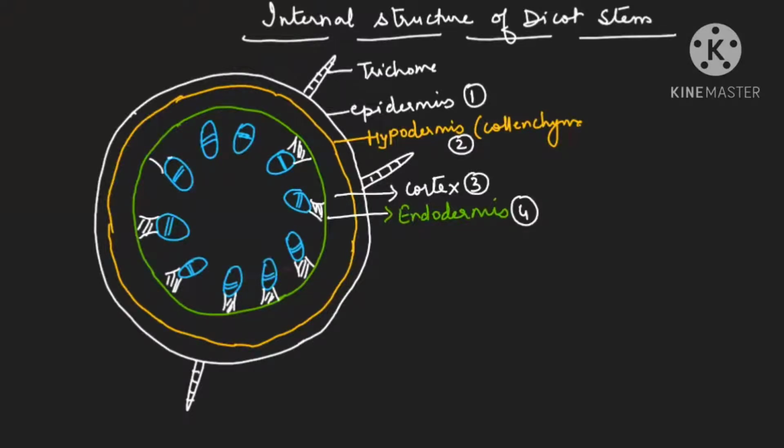And it is present like semilunar patches. This white layer I am drawing separately so you can understand. This is pericycle, and pericycle is sclerenchymatous.